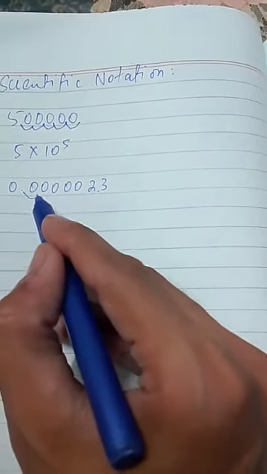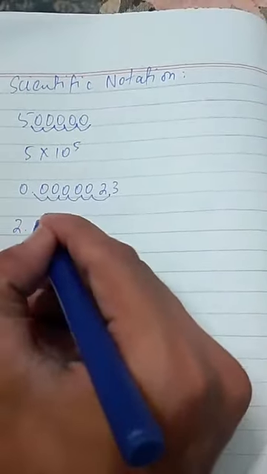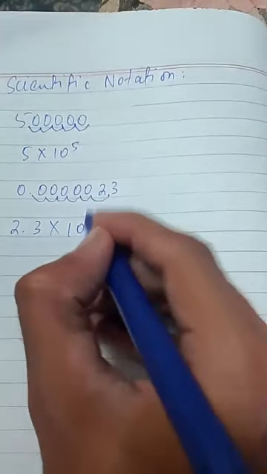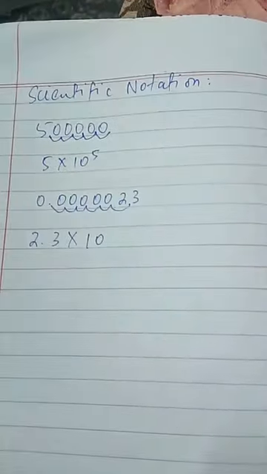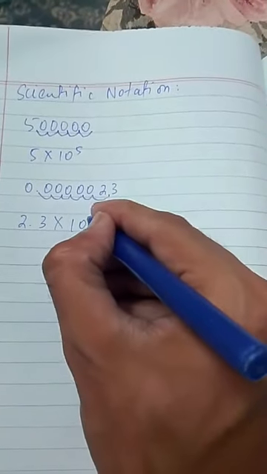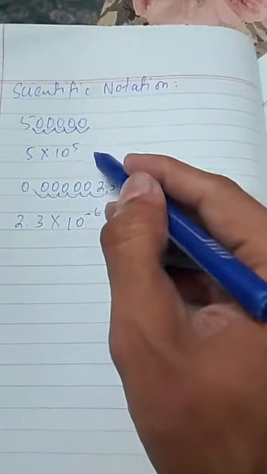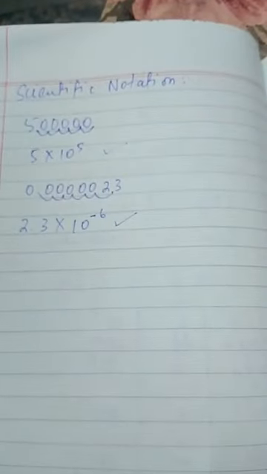So move your decimal point 1 2 3 4 5 6, so it will be 2.3 into 10 power minus 6. Whenever you move your decimal point towards the right, you show your value with a negative power. So this is the scientific notation of this number, and this is the scientific notation of this particular number.